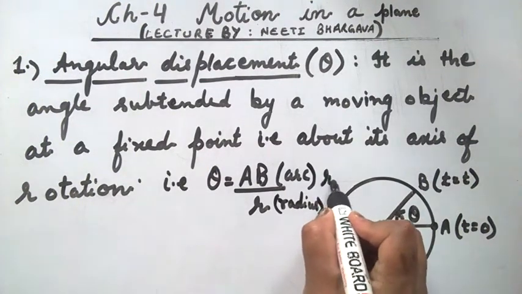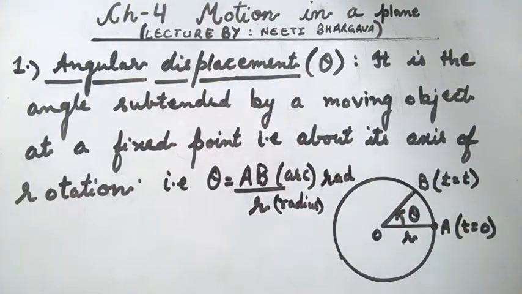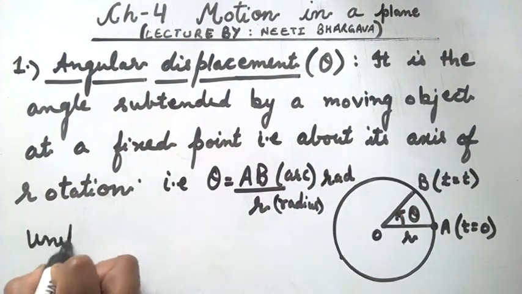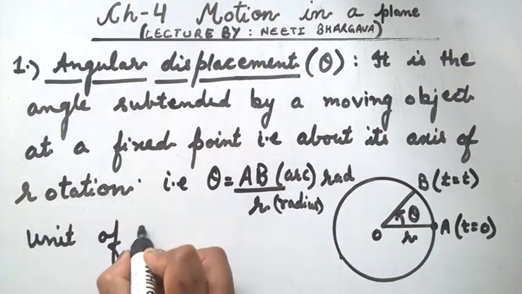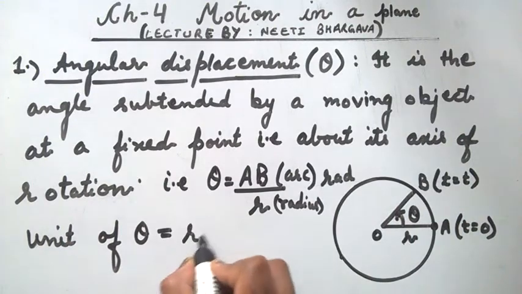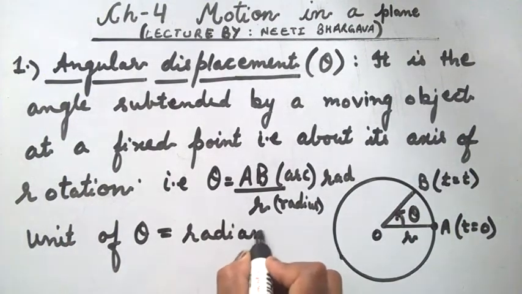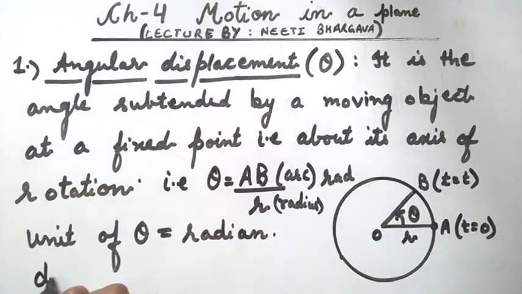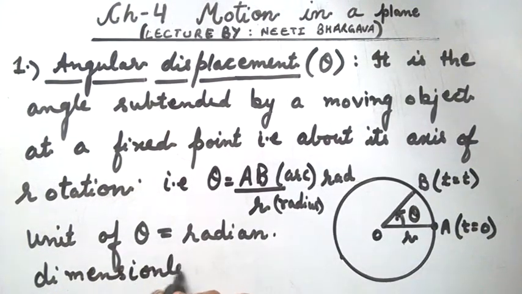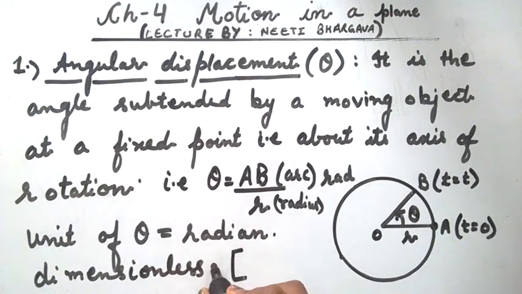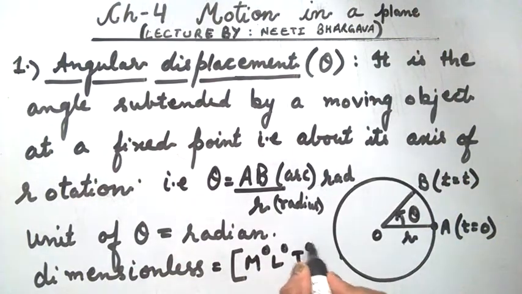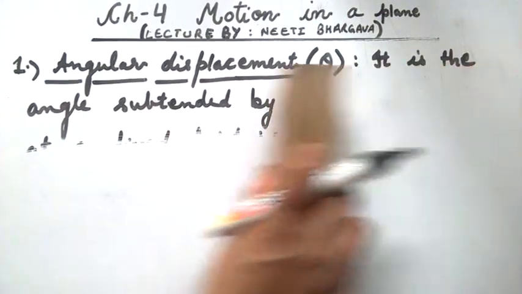Unit is radian, symbol is rad. It's a dimensionless quantity. And it's a vector quantity only if theta is small.